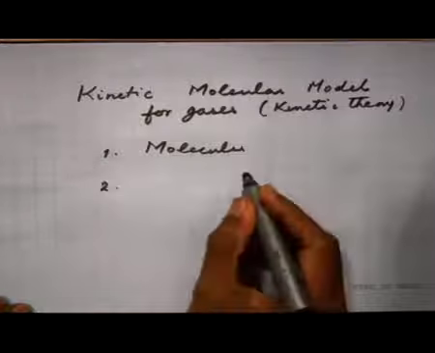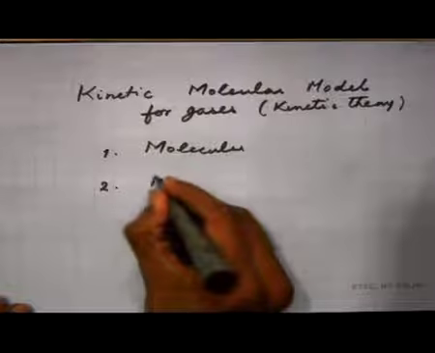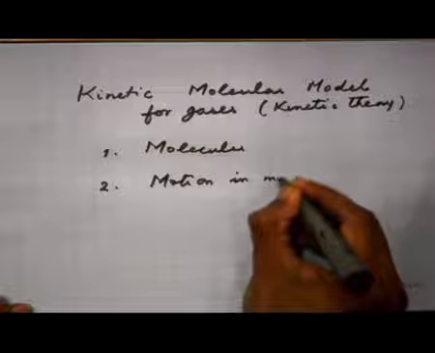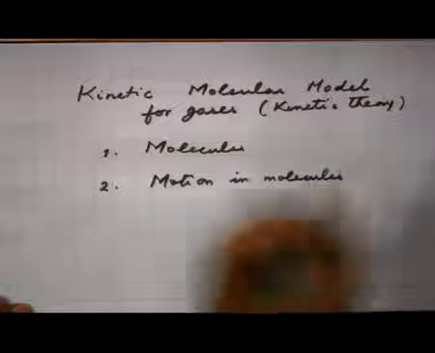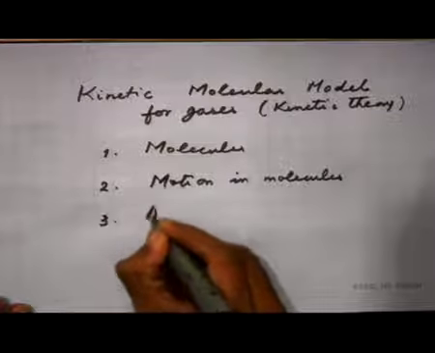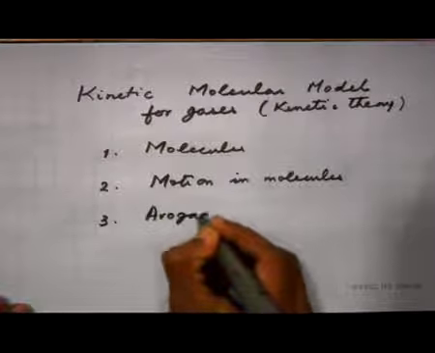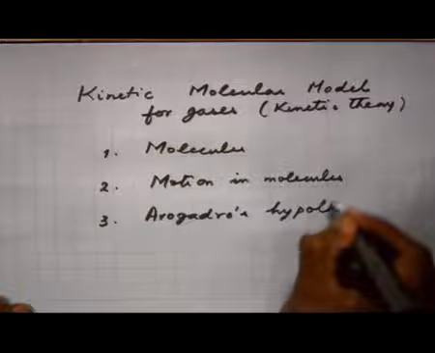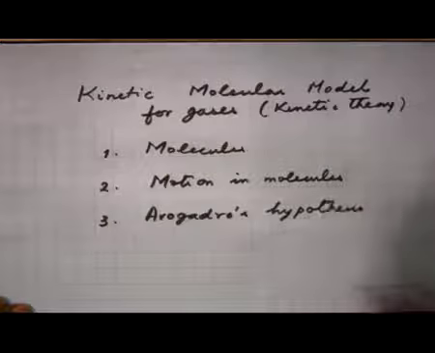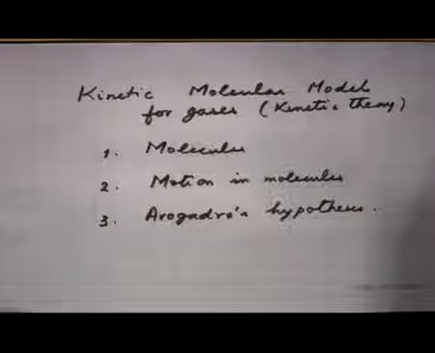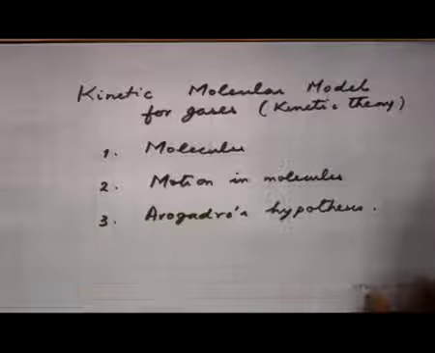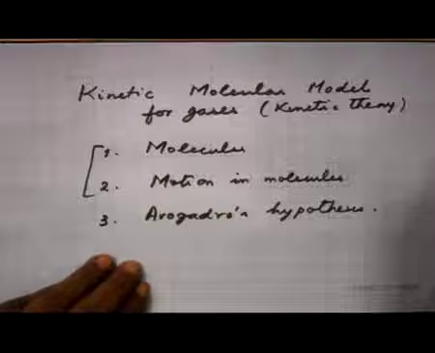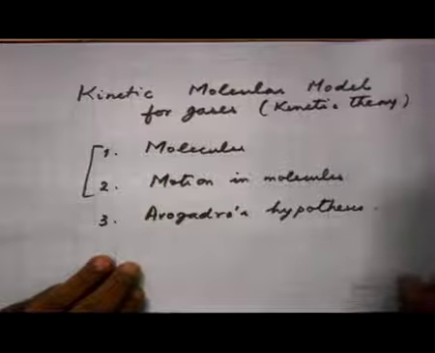The second part of this is about the motion of molecules. And the third part of this model is, of course, Avogadro's hypothesis. Avogadro's hypothesis we have already looked at, so we will look at parts 1 and 2 of this model a little bit more carefully.